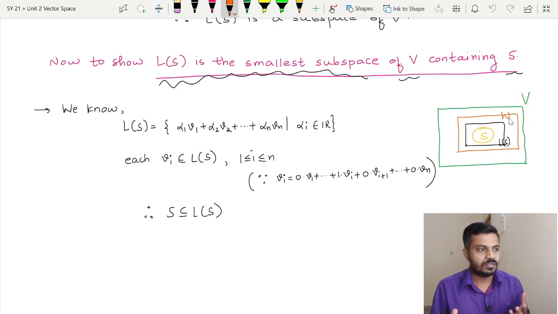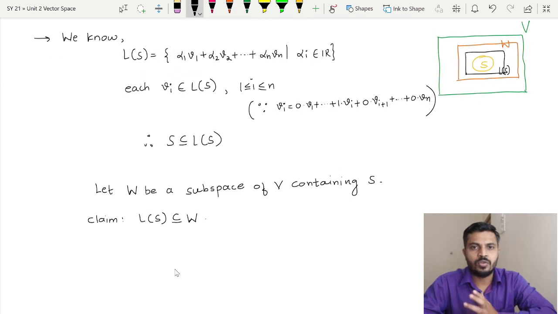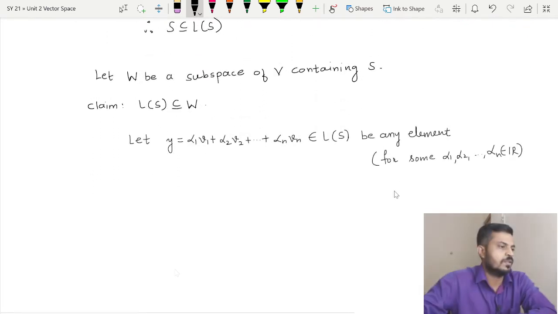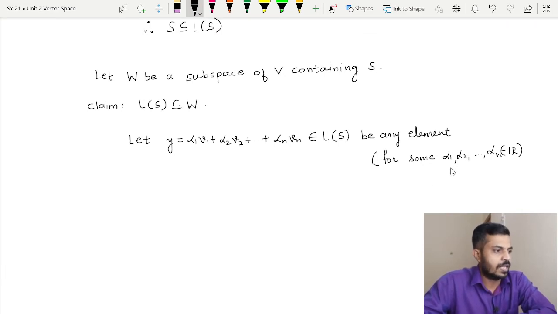So let us prove it. I will take any arbitrary subspace W containing S, and we will prove that L of S is a subset of W. In order to prove this, we will start with an element of L of S, and we will prove that this element belongs to W. So let us start. Note that alpha 1 and alpha 2 up to alpha n are some real numbers.